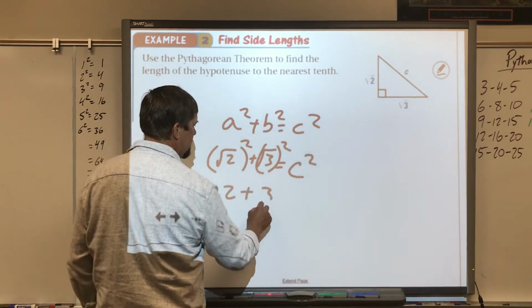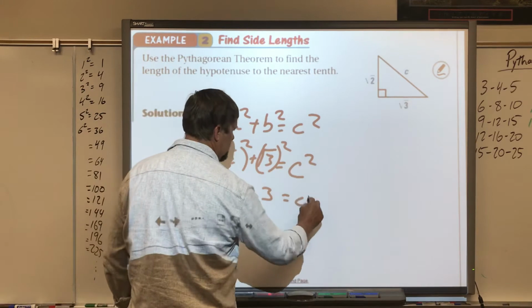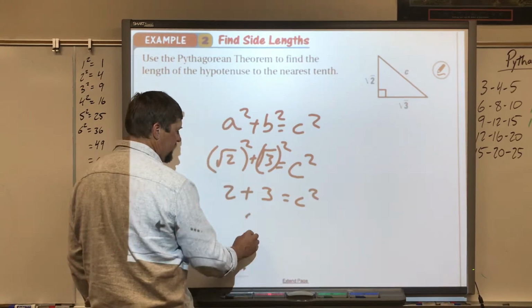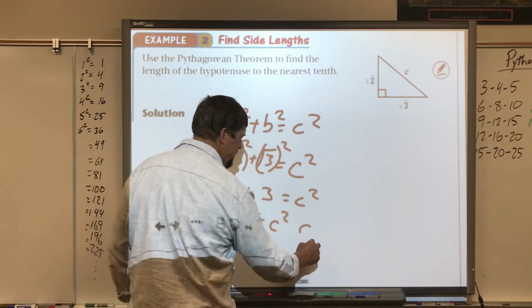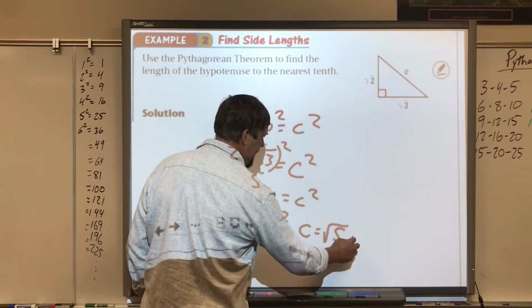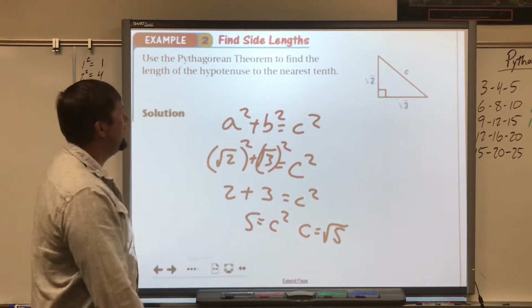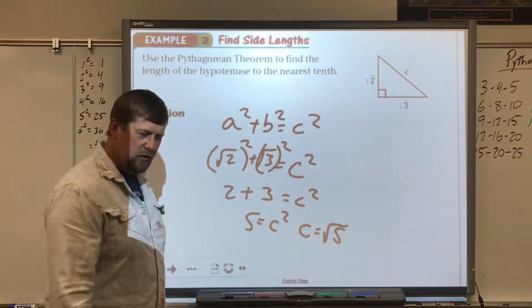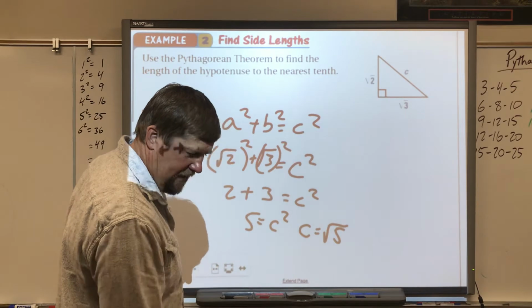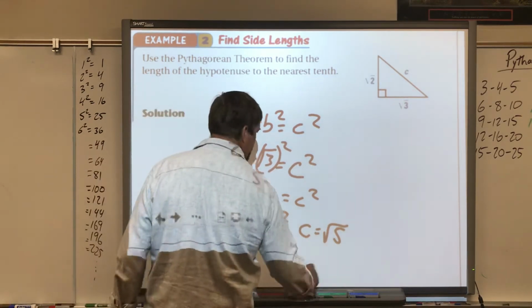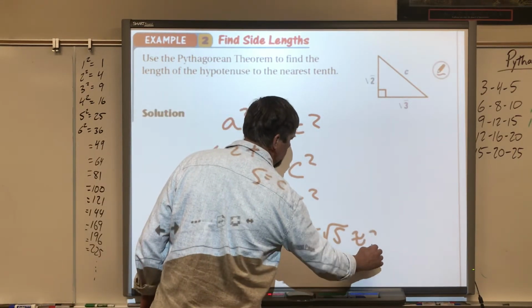So 2 plus 3 equals c squared. So 5 equals c squared, and then we take the square root. So c is equal to the square root of 5. It says to the nearest tenth, so you plug it into your calculator as the square root of 5, which is approximately 2.2.